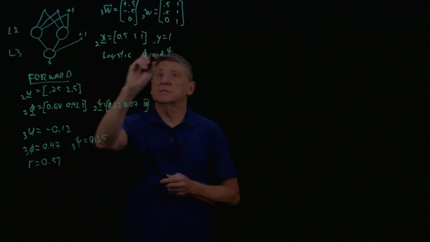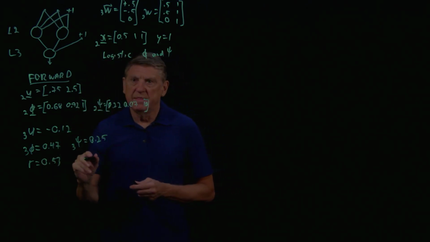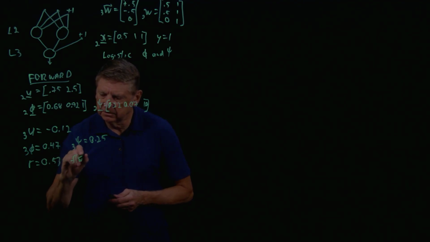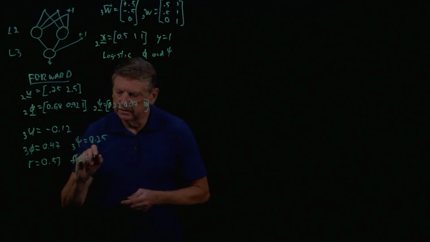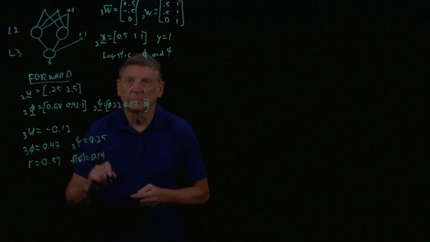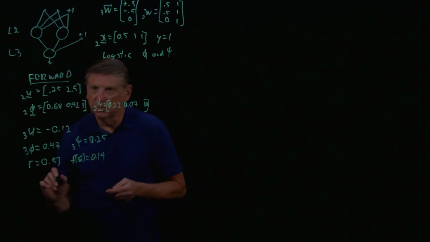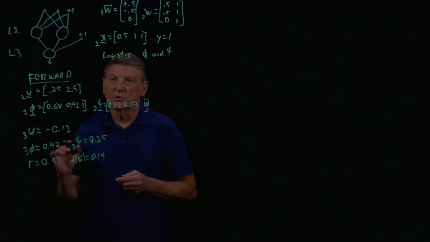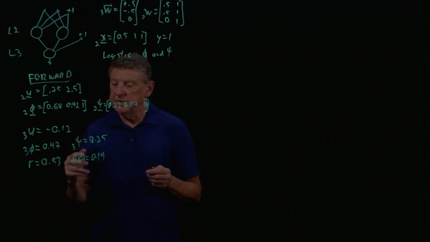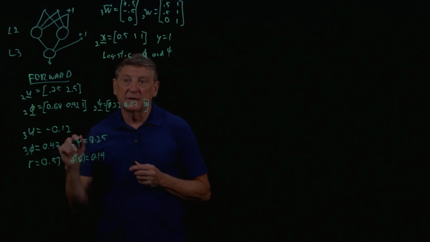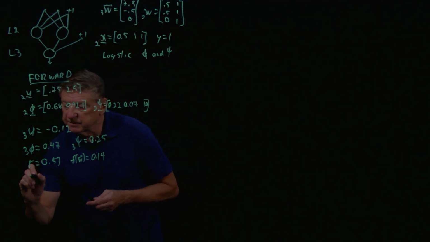I compute the residual error as basically 1 minus this, so that's 0.53, right? That's 1 minus that. And then we compute the objective function as being 0.14. And now we're set. While we're here, we can do a quick multiplication and get the layer 3 backpropagation values.